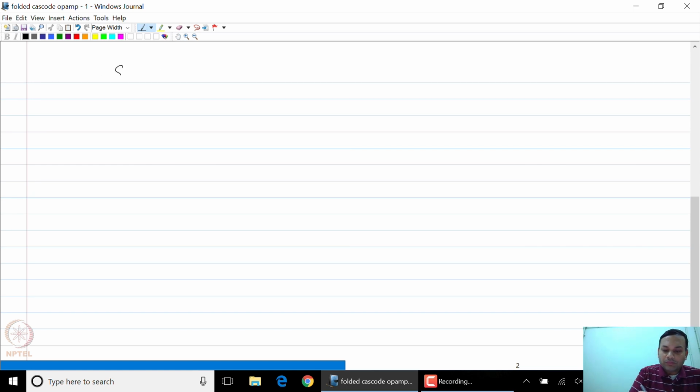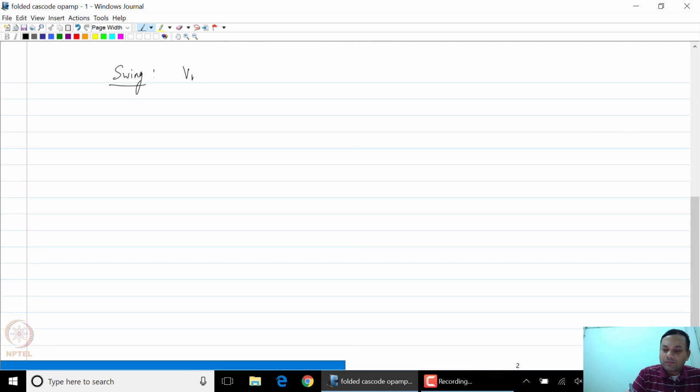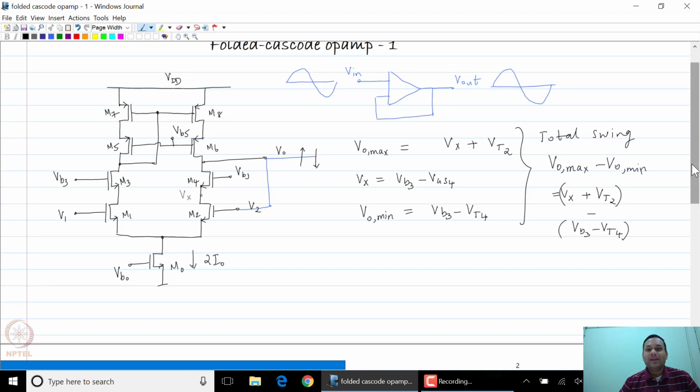So the output swing is nothing but Vx plus Vt2. So Vx is Vb3 minus VGS4, and the minimum value is VB3 minus VT4.